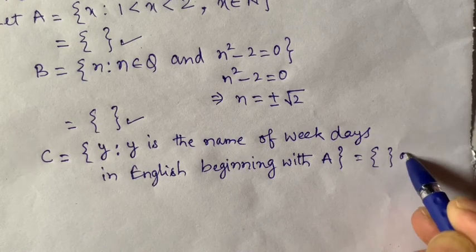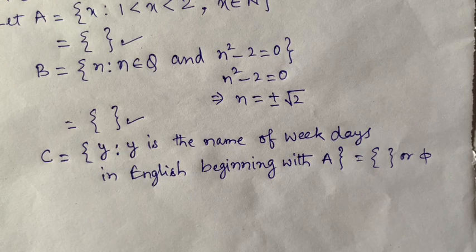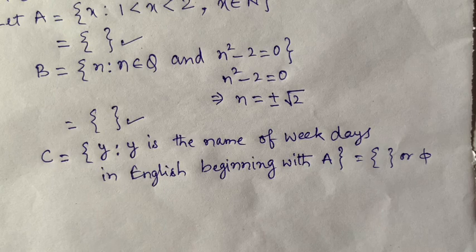This will be the empty set, which we represent by the symbol phi. So we have seen examples of empty sets.